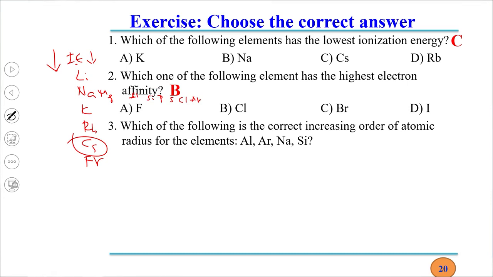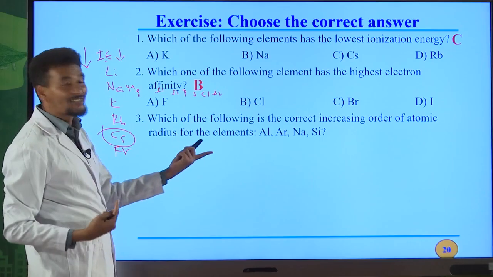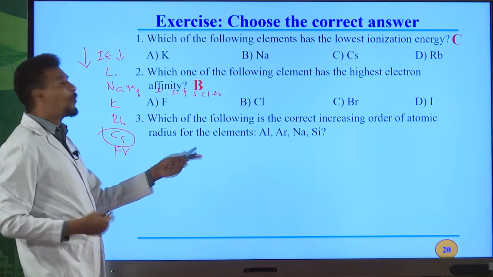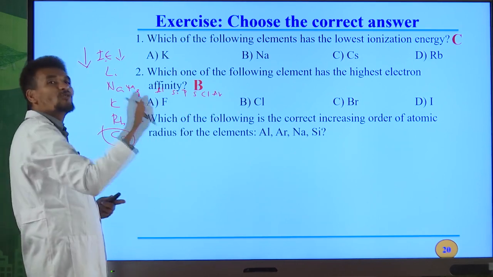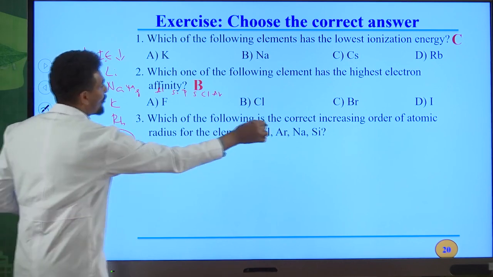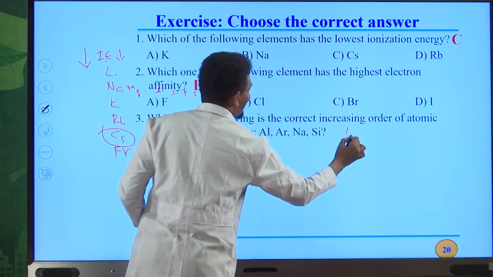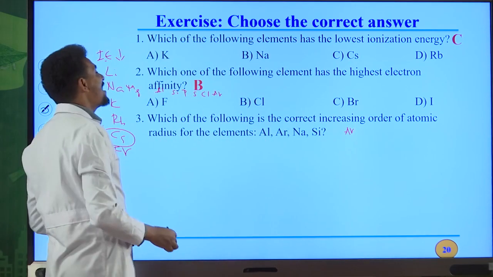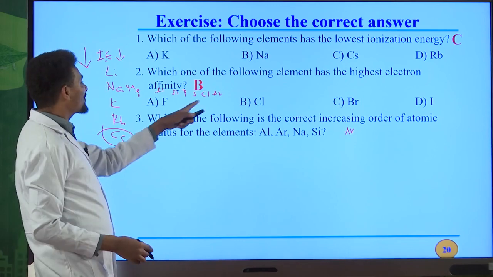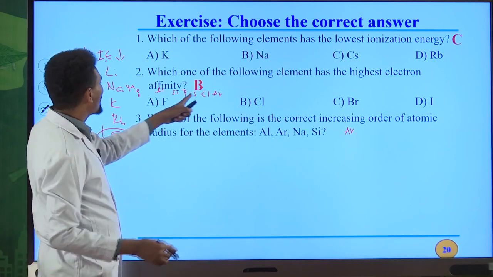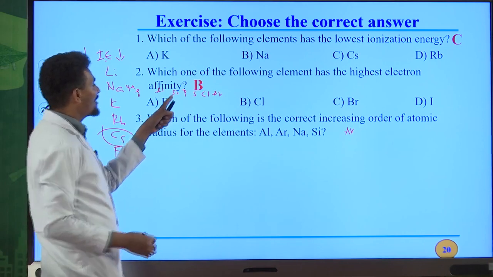Atomic radius decreases from left to right across the period. Therefore, argon has a smaller size, a smaller radius when compared with other elements of the same period. So first argon, it has a smaller atomic radius, and then the next one is what? Silicon. Silicon is here.